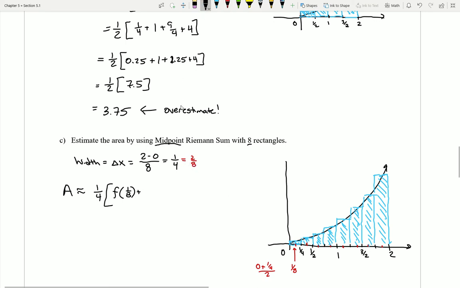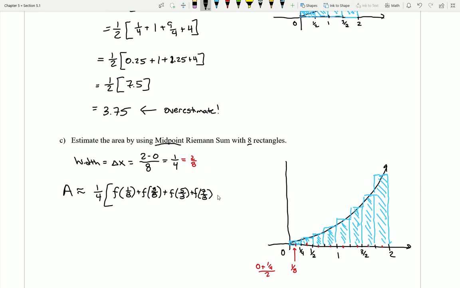So take a look at what I'm going to do here to quickly generate all of the rest of my midpoints. I know to jump to the next midpoint, I have to move over 1/4, or 2/8. So 1/8 moved over 2/8 would be 3/8. Well, what about if I wanted to go to the next one? Just move over another 2/8. So that would be 5/8. And you can see I could start to write these out really fast. Then I go 7/8.